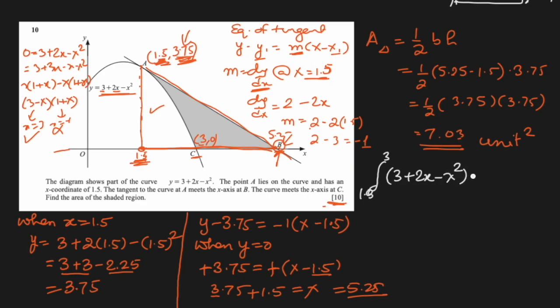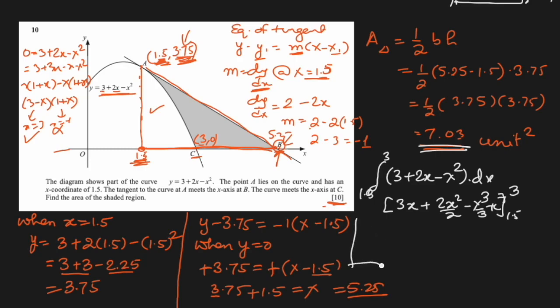That's how we find the area under the curve, right? This area we will get here, we will subtract from 7.03. So we get 3x plus 2x squared over 2 minus x cubed over 3 plus c, from 1.5 to 3. Let's substitute 3 and 1.5.